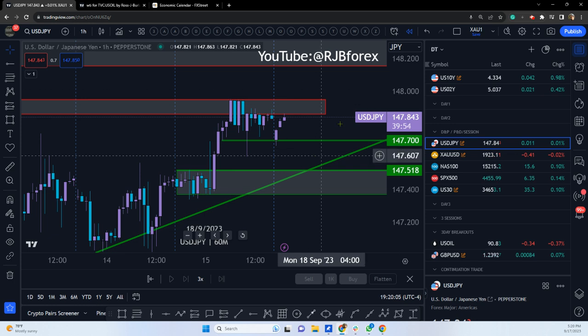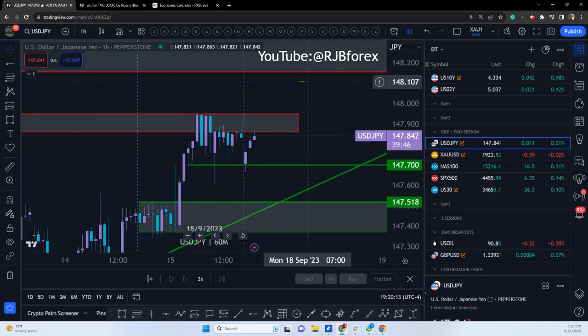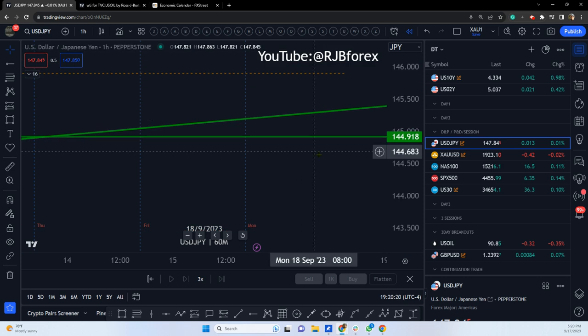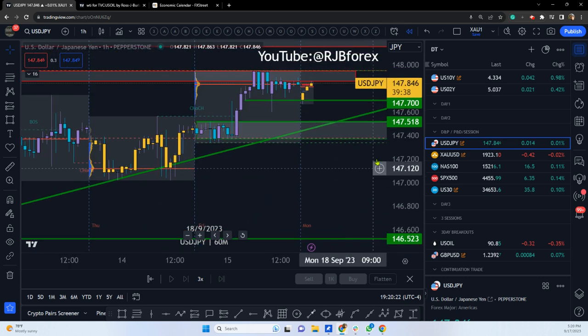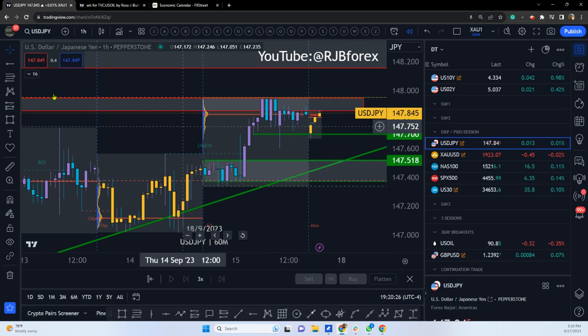So pump and dump scenario. So I'm leaving that in the pump and dump section. So if we see continued upside pressure, then there'll be prospects of a sell-off.